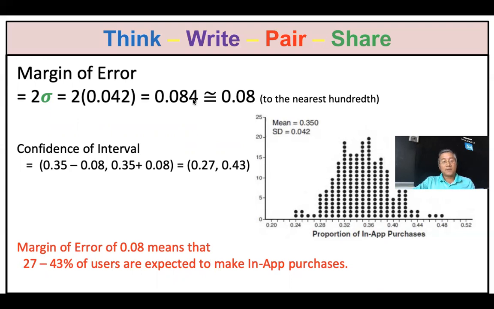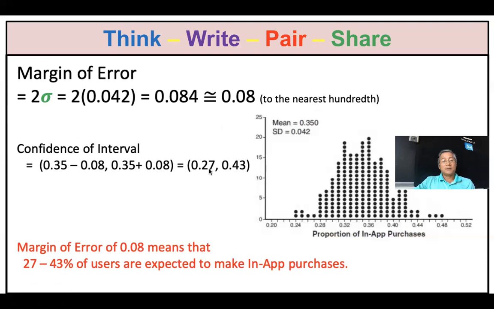For smaller than 5, we throw it away, right? So 0.08 is the margin of error. That's the answer. And how do you get the confidence interval? 0.35 is the mean, and you subtract the margin of error and add the margin of error, giving the lower bound and the upper bound.